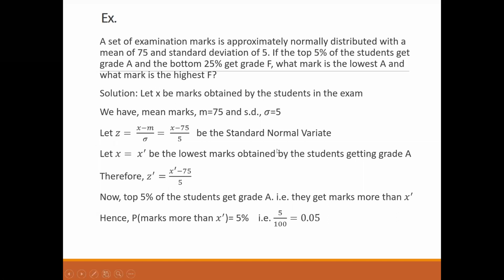So once you get this value for P, you can write it like this. I hope this is clear. So for all the values X greater than or equal to X single quote, we are supposed to find the value of this equal to 0.05.